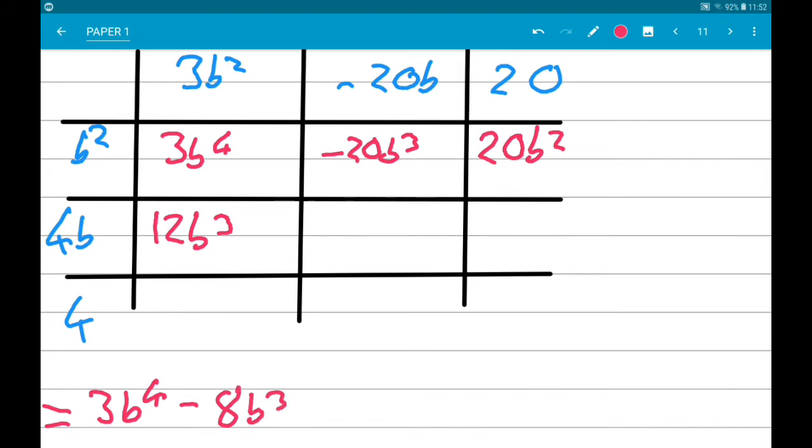And then we're going to get minus 80b squared and then plus 80b, then we're going to get 12b squared.